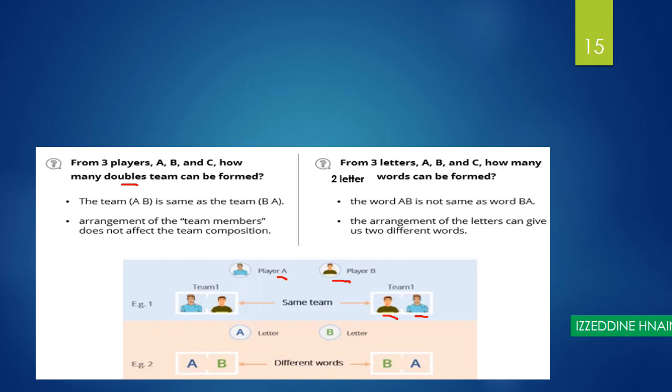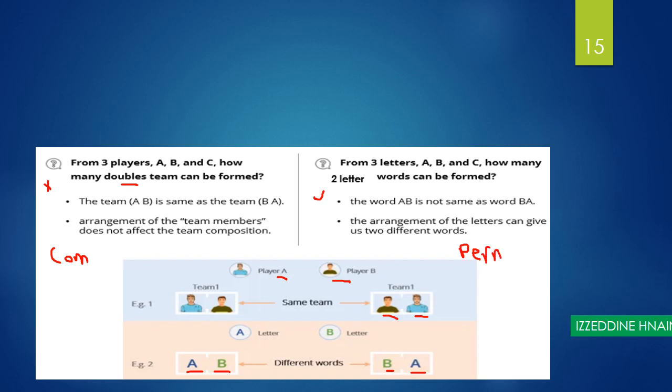While in forming words, if the word consists of A, B, it is different from the word BA. So in this example the order is not important, so we use combination, while here the order is important, so we use permutation.